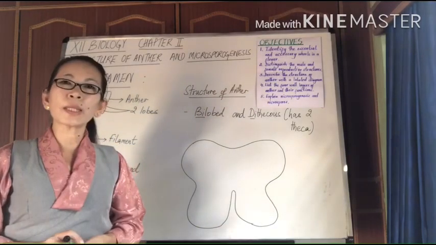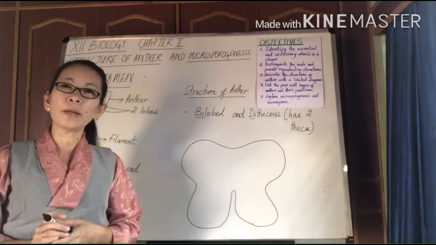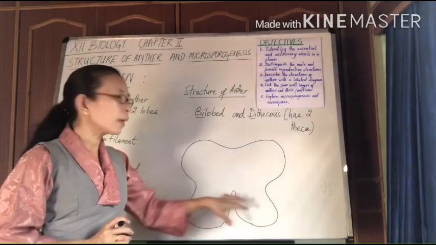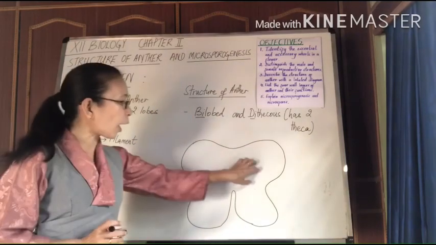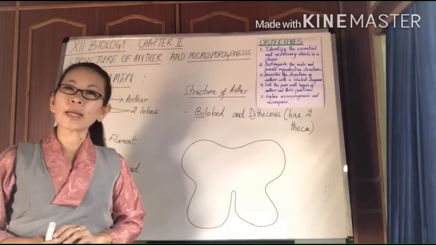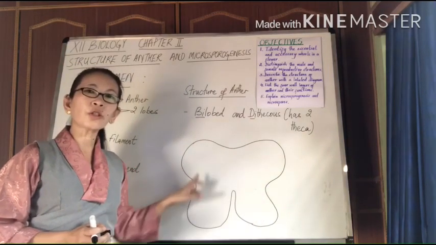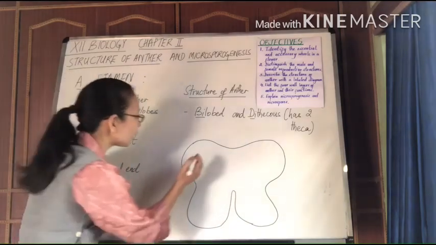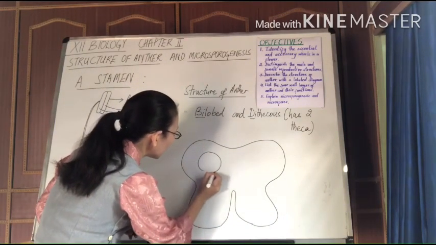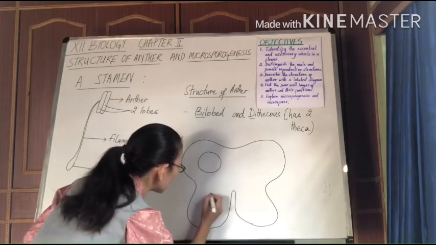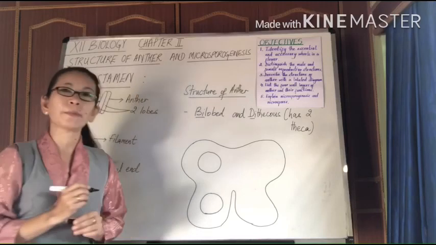Okay, so what you see here is, if we take the transverse section of an anther, it seems to have a tetragonal structure, right? So you can see here we have four sides, and in each of these sides we can find circular sac-like units, right?